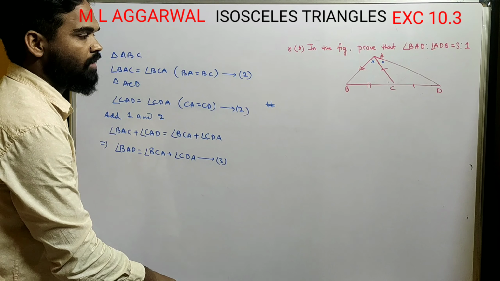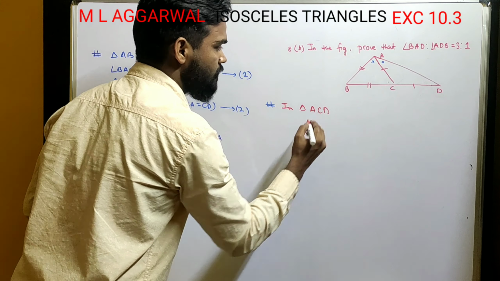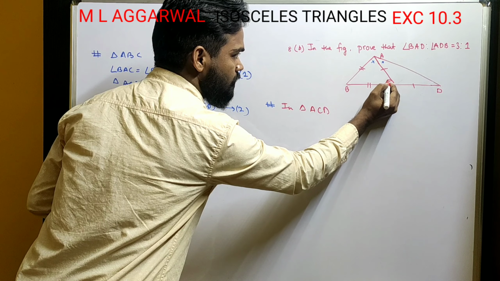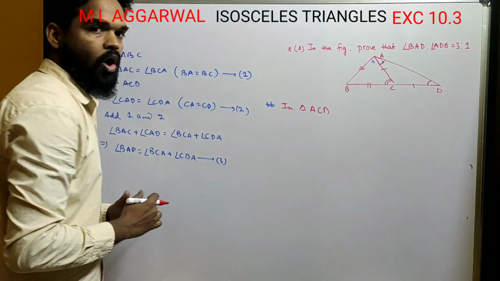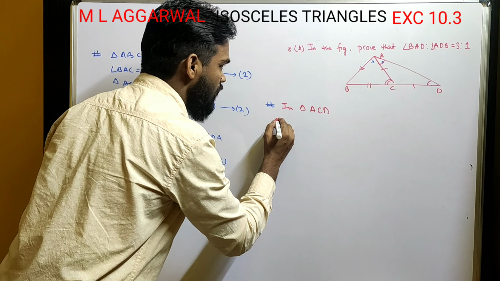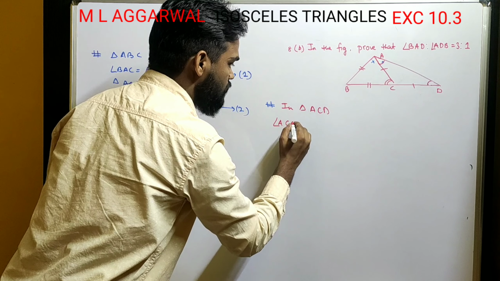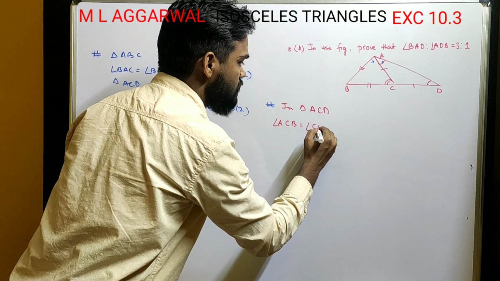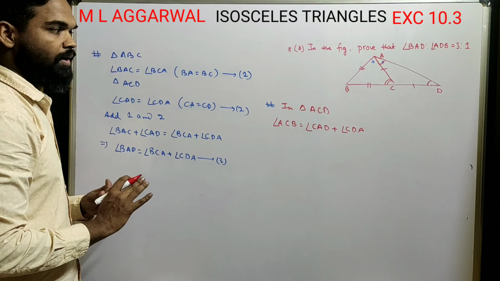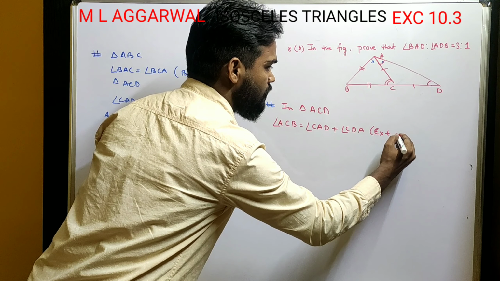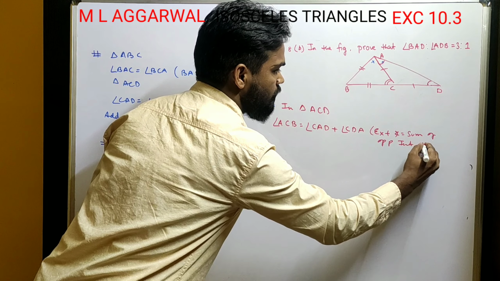Again, in triangle ACD, can I write this angle is equal to this plus this, exterior angle equals the sum of opposite interior angles? So I can write angle ACB is equal to angle CAD plus angle CDA. Done. This is exterior angle equals the sum of opposite interior angles.